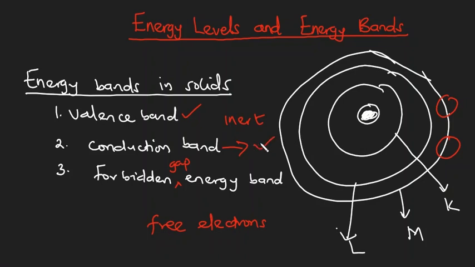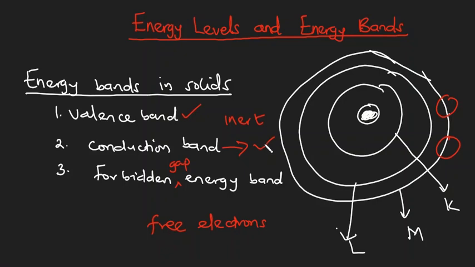Let's say the electrons from the valence band want to move to the conduction band to conduct current or to conduct electricity. So the gap between these two, the valence band and the conduction band, is called the forbidden gap energy band.